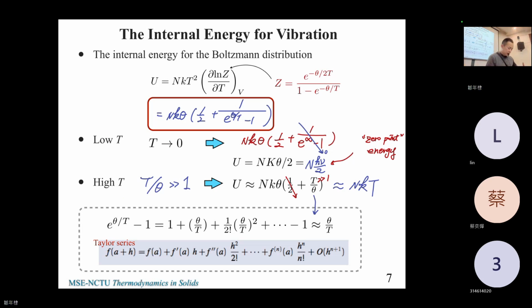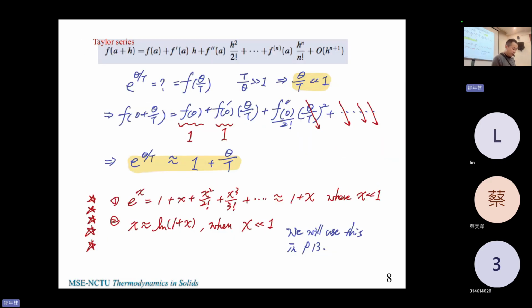So in the textbook, they typically examine low and high temperature, where you can get some results. This page also tells you a really important mathematical tool, which we will use later, like in page 13.